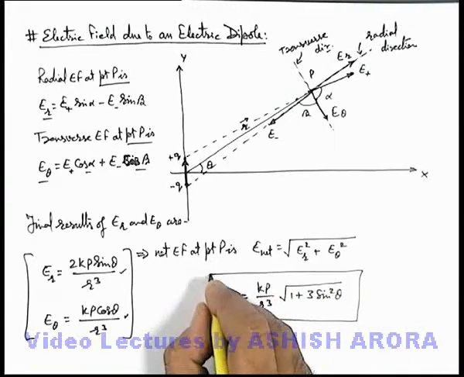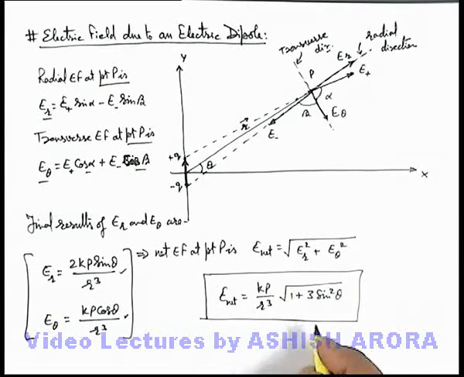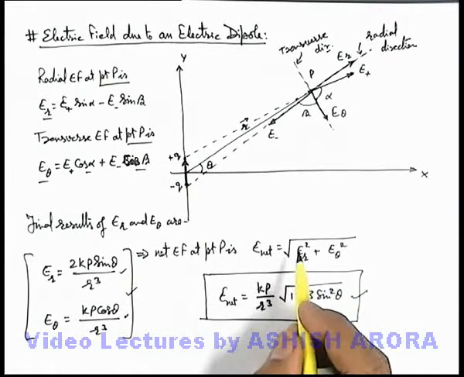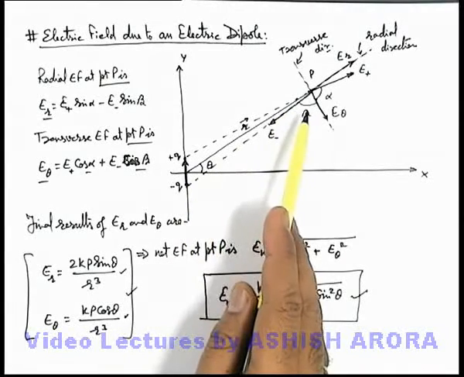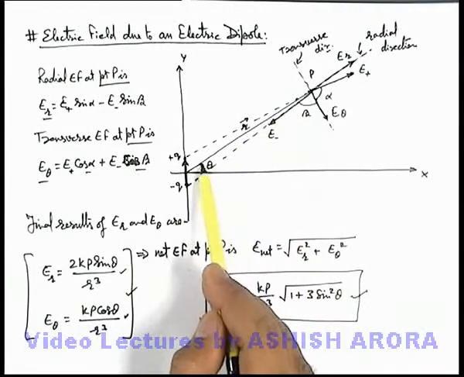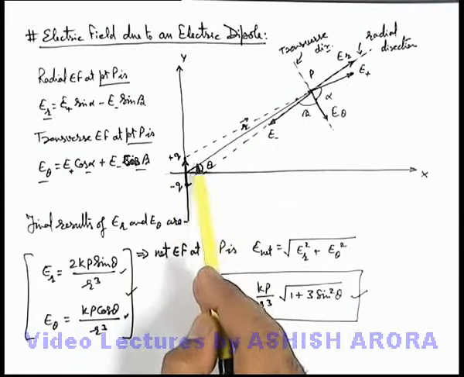Many students generally make a mistake here: they just keep these results in mind as they are, and sometimes in different problems we are given a point P located at a distance r, but the angle of the position vector is not given with the equator of the dipole, it is given from the axis of the dipole.